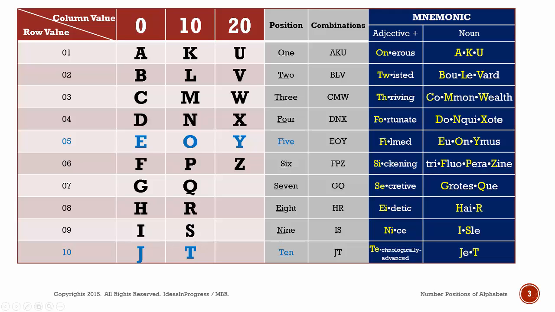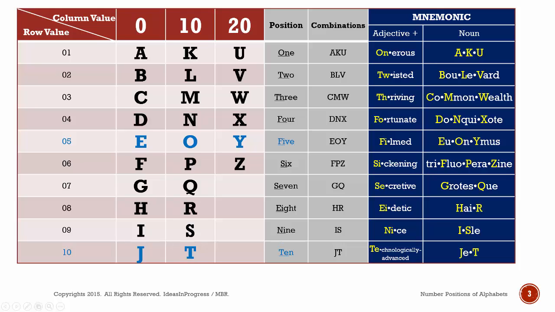In order to remember the combination and the position, we have an adjective mnemonic and a noun mnemonic. The adjective mnemonic, the first two letters are borrowed from the position word.